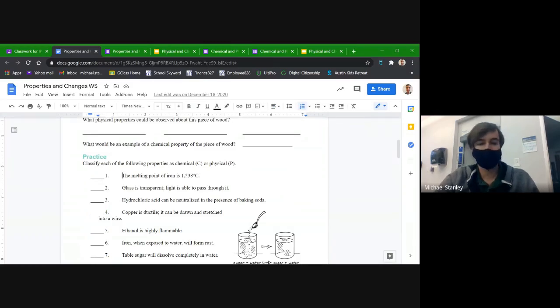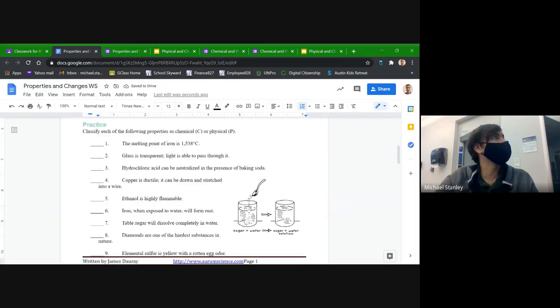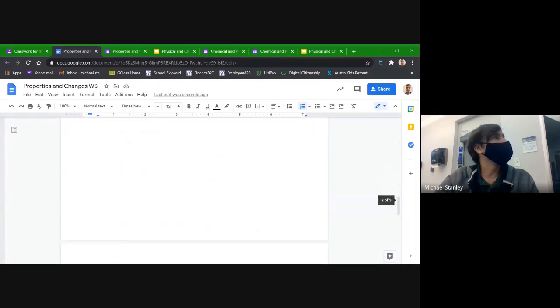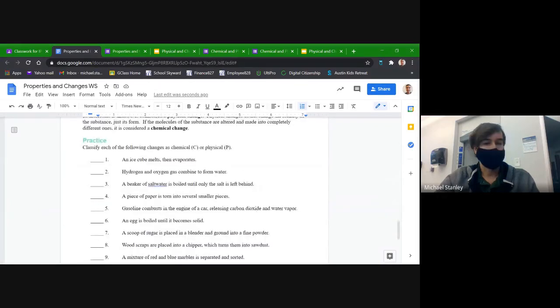And so you just have to write in, it actually might not let you mess with the blank. But you just have to write in either P or C for each one. Chemical or physical. But again, it's the same set of properties and the same set of changes.